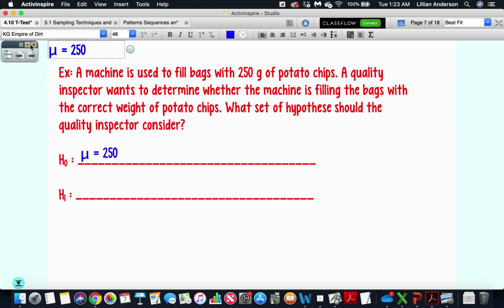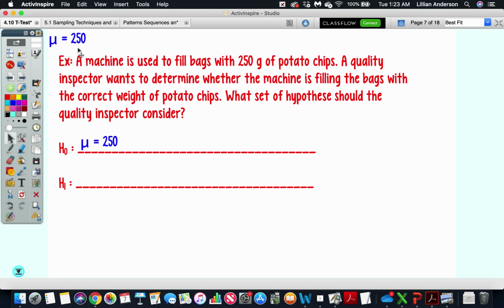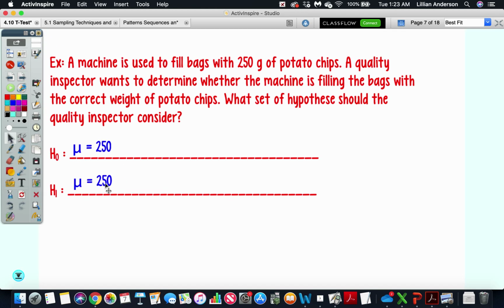And the reason why it's mu not equal to 250 is because it didn't specify that they wanted to increase the number of potato chips, gram-wise, or anything like that. So it is going to be a not equals. They didn't specify whether it was going to be greater than, less than, or anything like that. So it would be not equals.